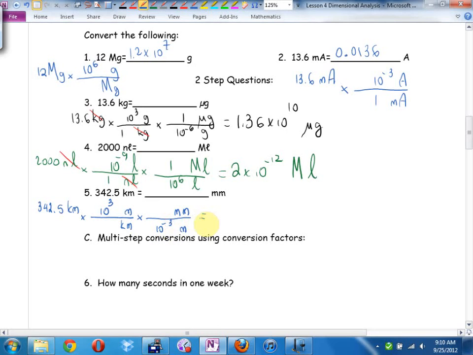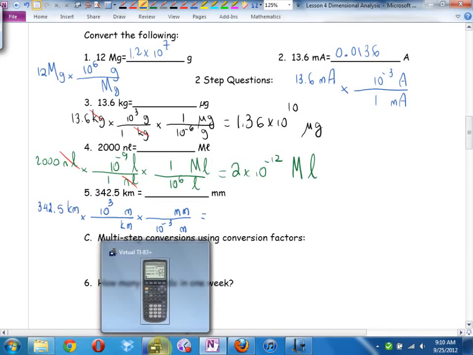I think that's right. Oh, I've got a sheet right in front of me. Duh.